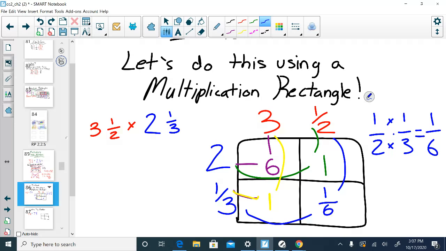So now I need to take all of these multiplication answers and put them into an addition equation. So I'm going to do 6 plus 1 plus 1 plus 1/6. And what would my sum be? Well, here I have 6, 7, 8, 8 and 1/6.